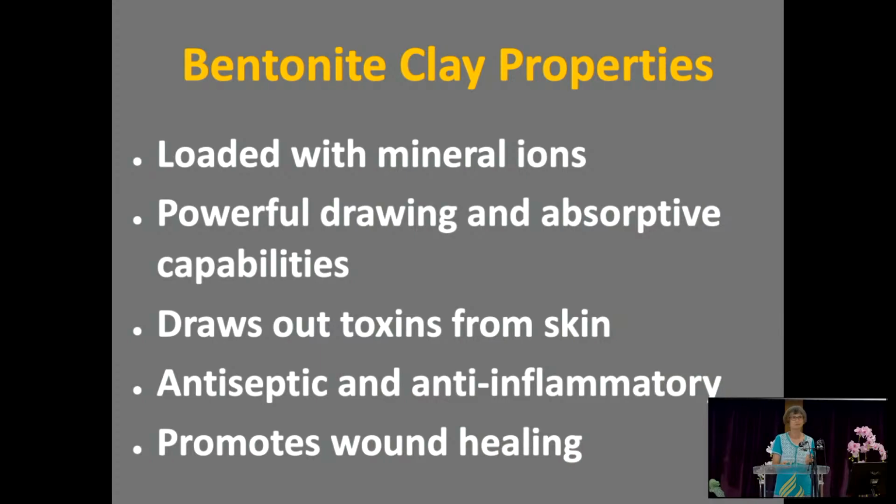So the clay itself is loaded with a lot of minerals, and it has a powerful absorbing and drawing effect. It draws out toxins, okay? It's antiseptic and anti-inflammatory, and it helps to promote wound healing.